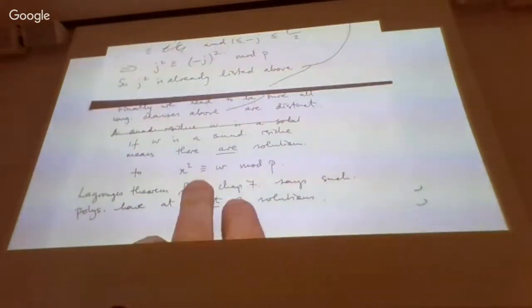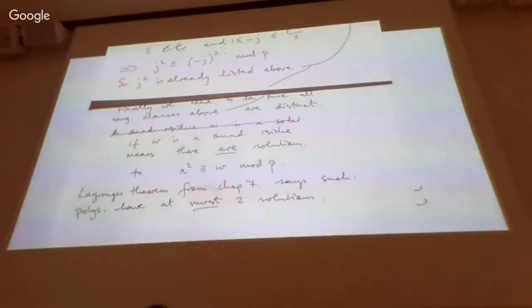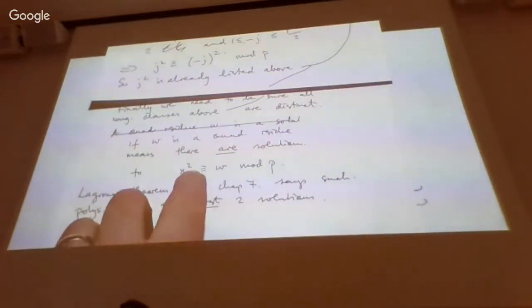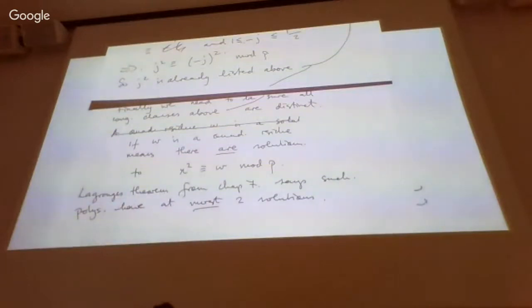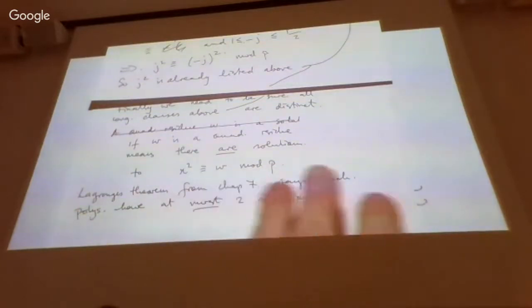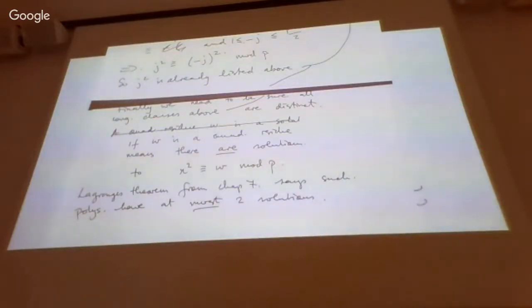That's because it's a polynomial modulo a prime, and Lagrange's theorem says that the degree of the polynomial is an upper bound on the number of solutions. When w is a non-residue, that polynomial doesn't have a solution: there are no x's which, when you square them, give w. So this has at most two solutions.